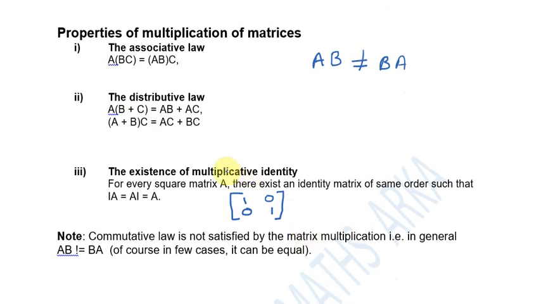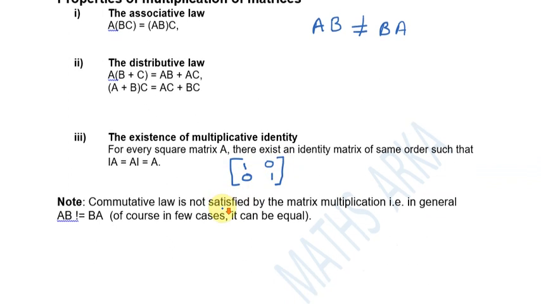Similarly, we found out about the multiplicative identity. I is the multiplicative identity matrix, that is an identity matrix. We remember the diagonal elements are equal to 1 and the non-diagonal elements are equal to 0.